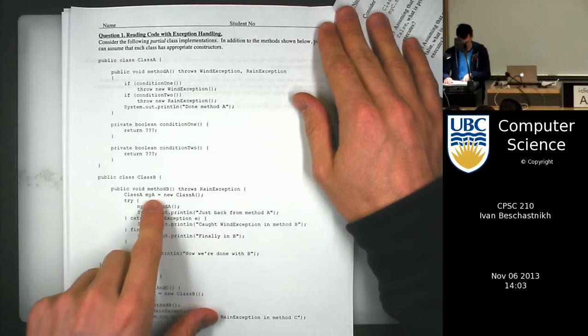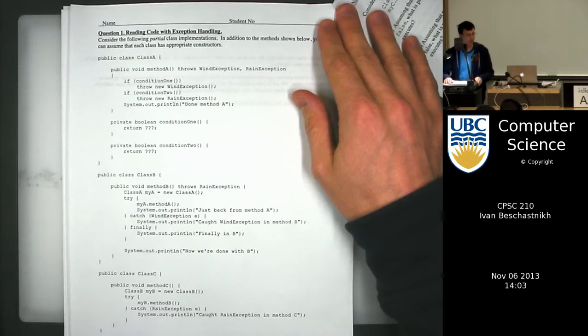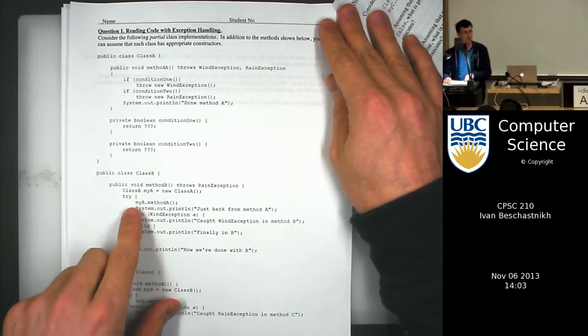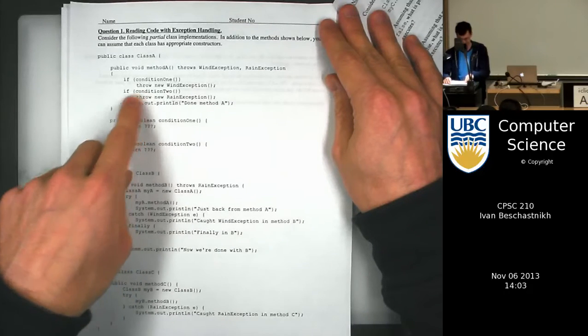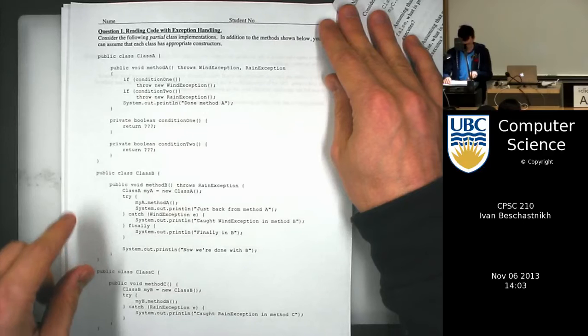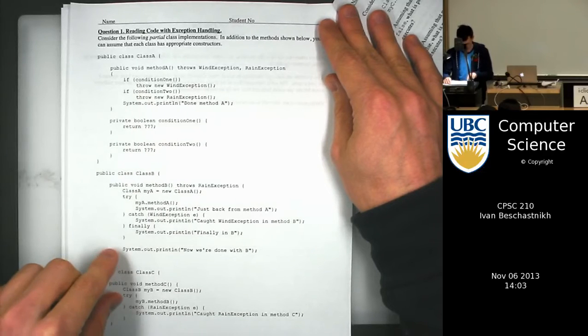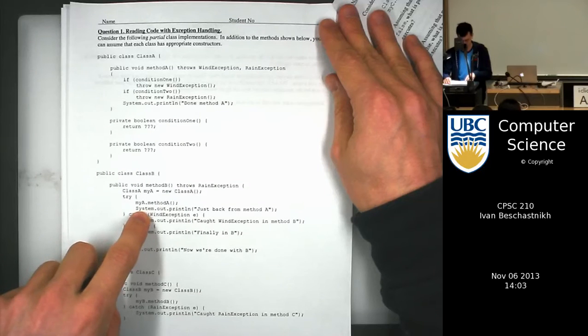Can you talk more specifically? I don't know where you are. There's a lot of print lines. Which one? The one that says just back from method A in class B. Oh, okay. Just back from method A. Great. Okay.